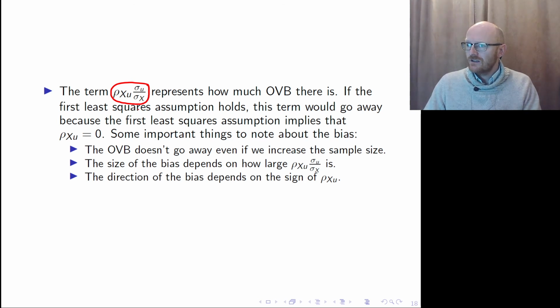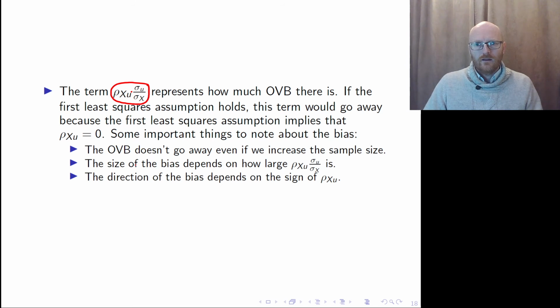So if the first least squares assumption holds, this term would go away because the correlation between x1 and the population residuals would be 0. So 0 times something is 0, right?